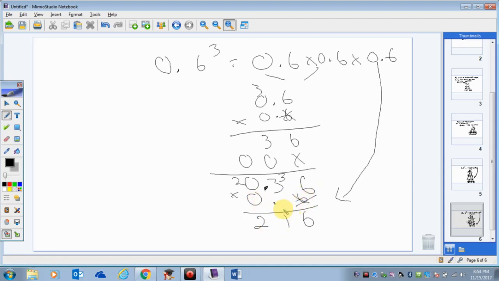Moving on to this. 0 times 6 is 0. 0 times 3 is 0. 0 times 0 is 0. So I end up with 2, 1, 6. I have 1, 2, 3 places behind the decimal. So I'll have 3 places behind the decimal in the answer too. All I have is 3 places, so all 3 fall behind the decimal, and I can put a 0 out here for good measure. So my answer is 0.216.